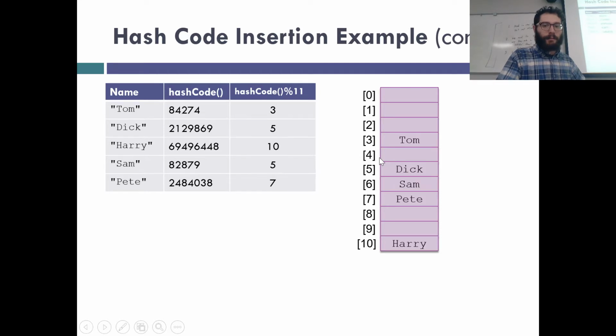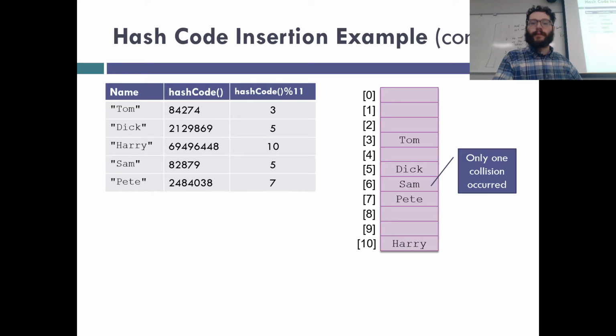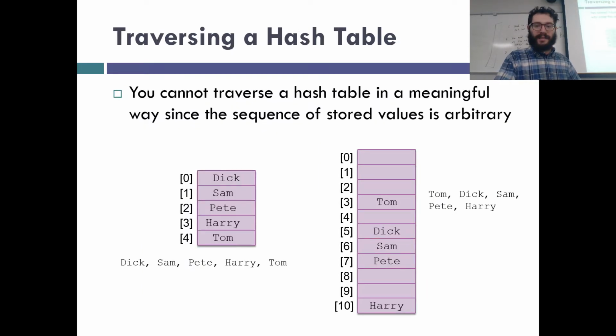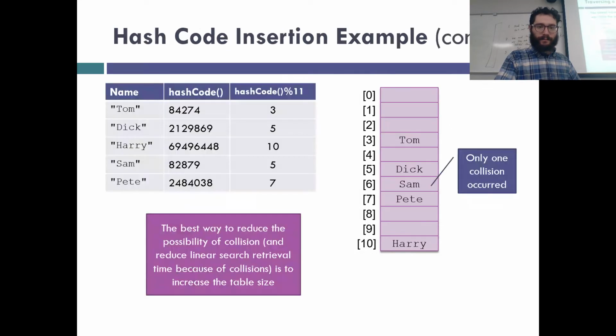So now they end up with completely different things. The only collision is between Dick and Sam, and it was only one collision, and it was pretty much immediately resolved. So the best way we reduce collisions is by having more space. That's why at the very beginning I said we are deliberately going to waste a whole lot of space to do this.